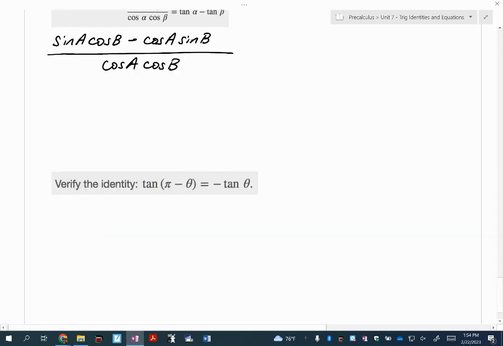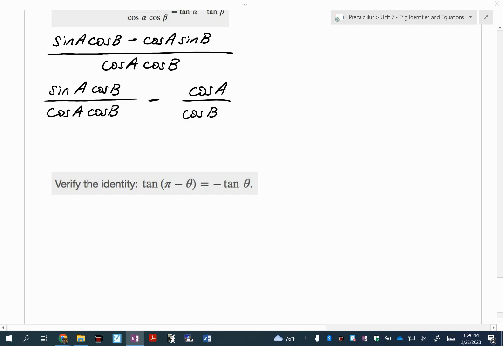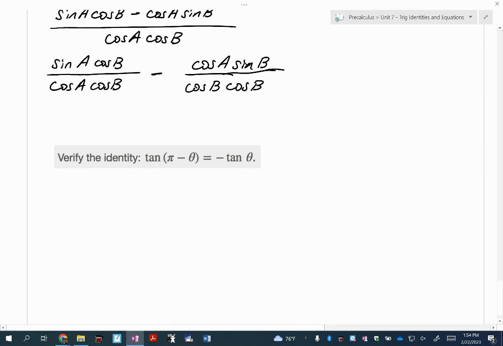So what you could do is expand this to imagine that they both had this common denominator. Sorry, let's put it all over one fraction, that is.